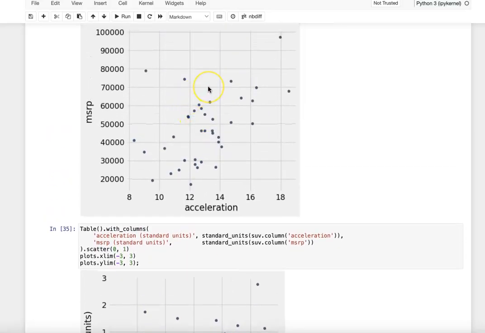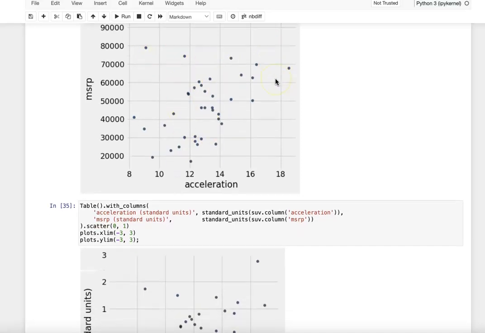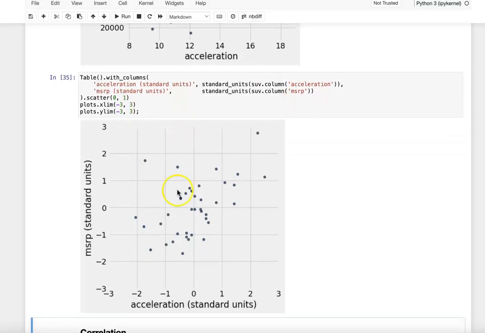No, the dots are still located in the same pattern. The only thing is the standard unit puts it in a better ratio, so the region for all the plot is easier to see. You can see the 0 will be the average, so the MSRP average will be here.